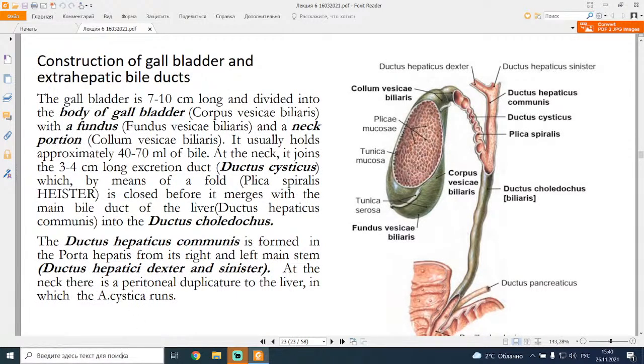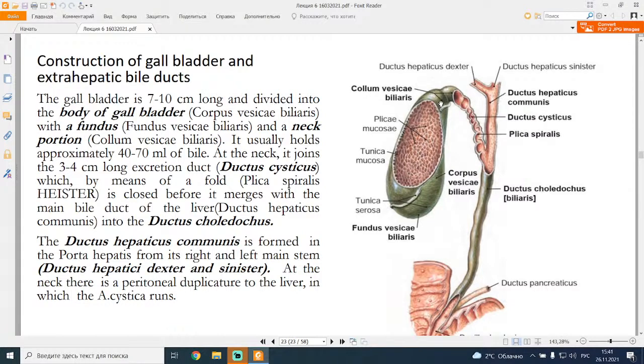Construction of the gallbladder and extrahepatic bile duct. The gallbladder is 7 to 10 centimeters long and divided into the fundus, the body, corpus vesicae biliaris, and the neck portion, collum vesicae biliaris.